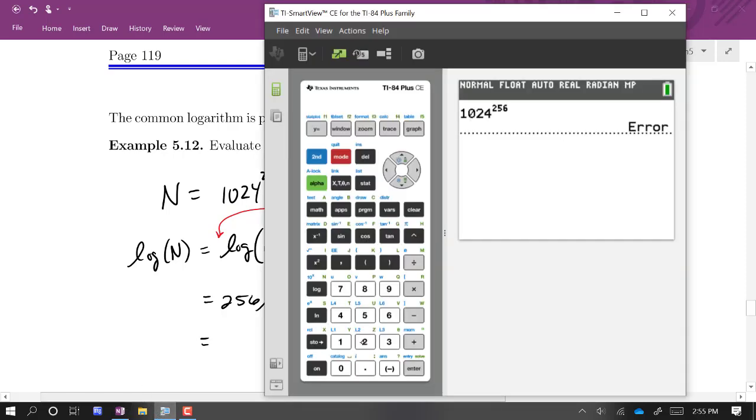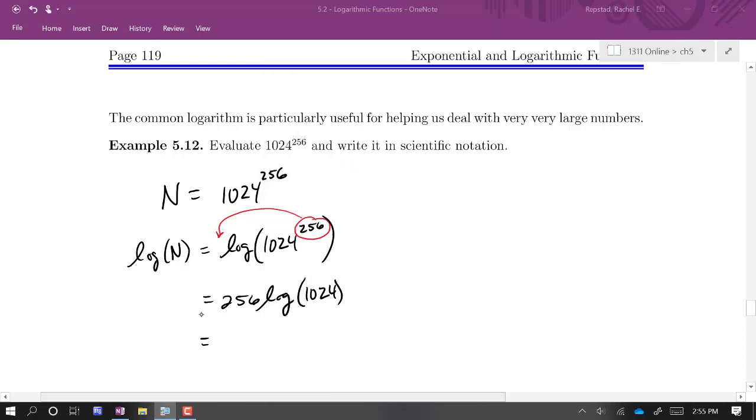So in the calculator, 256 times log 1024, and I get this decimal. Now I'm going to write this number, and I'm not leaving out any digits. This is an example of a problem where I don't want to do any rounding at all until I get to the end. So 770.63678889, I'm just writing out all the digits my calculator will show me.